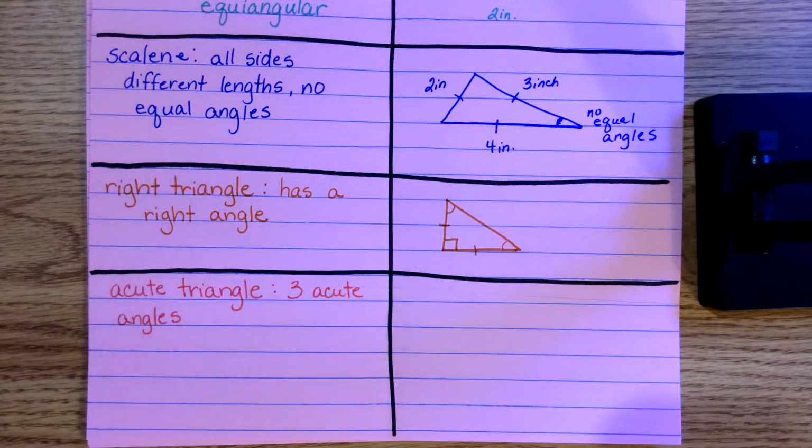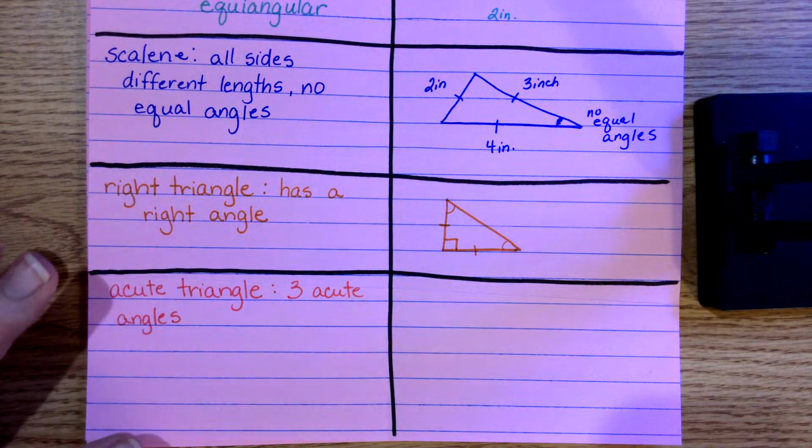If there are no equal angles and no equal sides, it could also be called a scalene triangle.